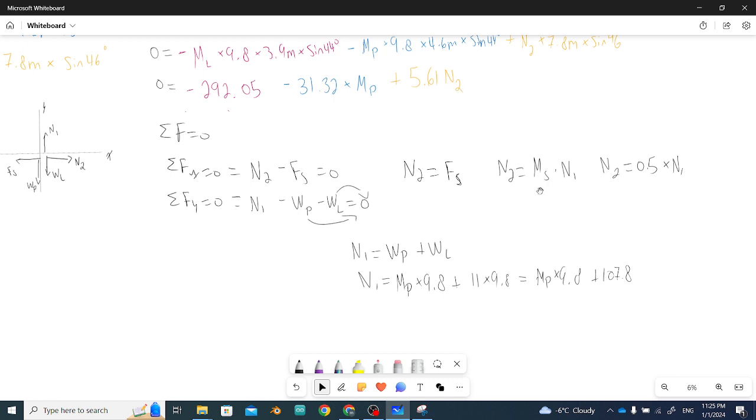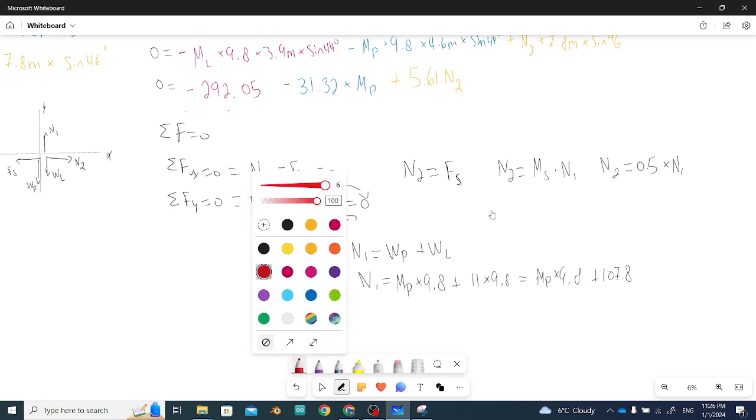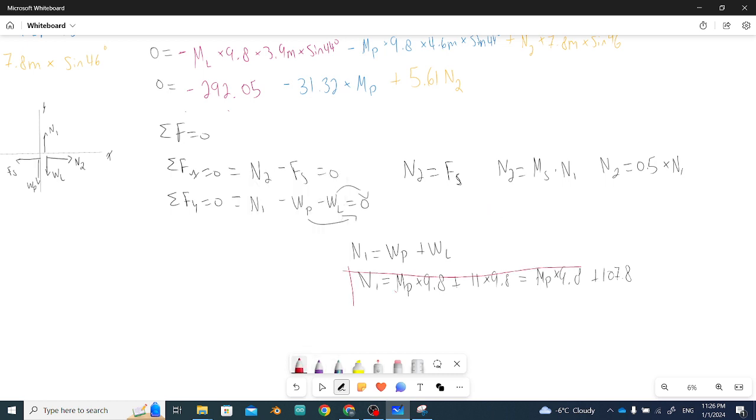So what I'm going to do here is replace N1 in the equation N2 is equal to 0.5 times N1 by this equation here, and then replace that in this equation here.